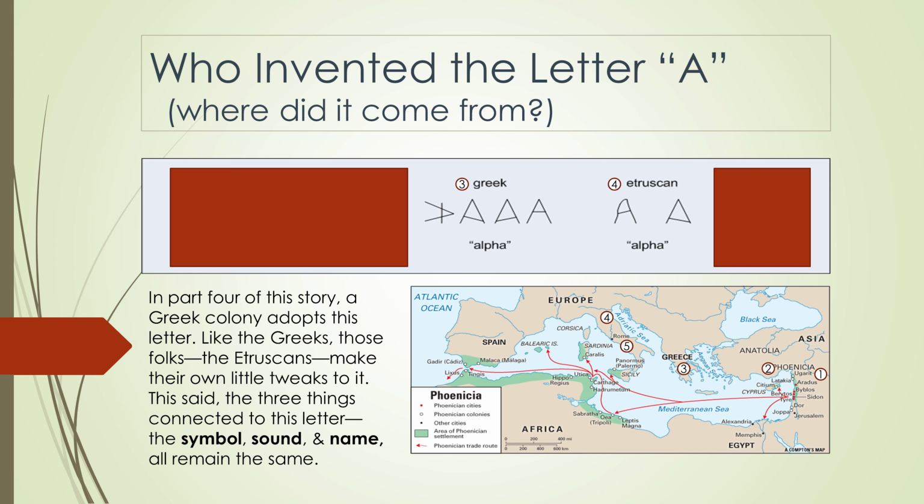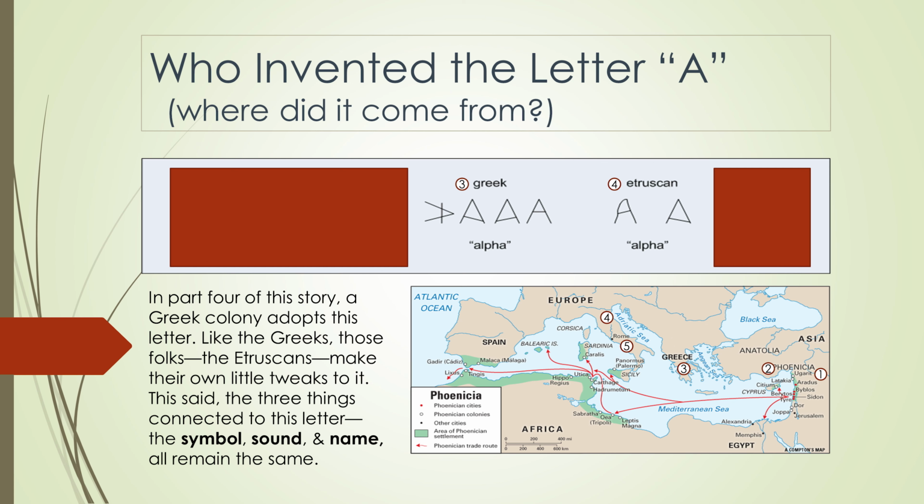What do we know? Well, we know that they had an A, and you can see this in the drawing. And now compare it to the A's that are in the Greek variety. They kept the name of the letter, not the name of a real-life object, the name of the letter and the name for that sound.